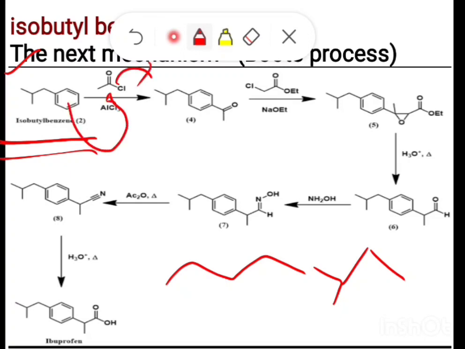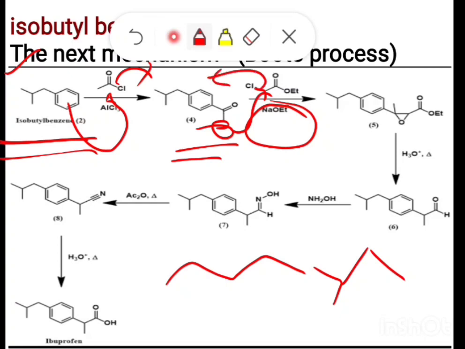and Cl goes. So this product is produced. Next one, this NaOEt should act as a base. So there should be a carbanion produced, and this carbanion reacts on that side and chlorine leaves that side.